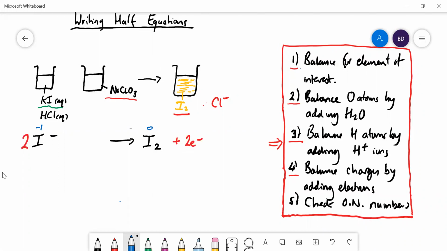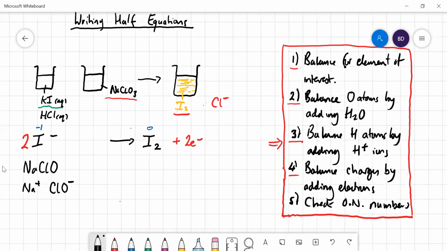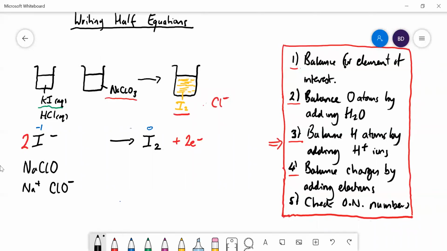Let's do the chlorate. What happens to the chlorate one? Okay, so here we have sodium chlorate. Again, we have got a group 1 ion here, Na+. So we know that that is going to be ClO3-. We're not going to worry about the Na because it is a spectator ion. So here we go, ClO3-, and that is going to turn into the chloride ion.